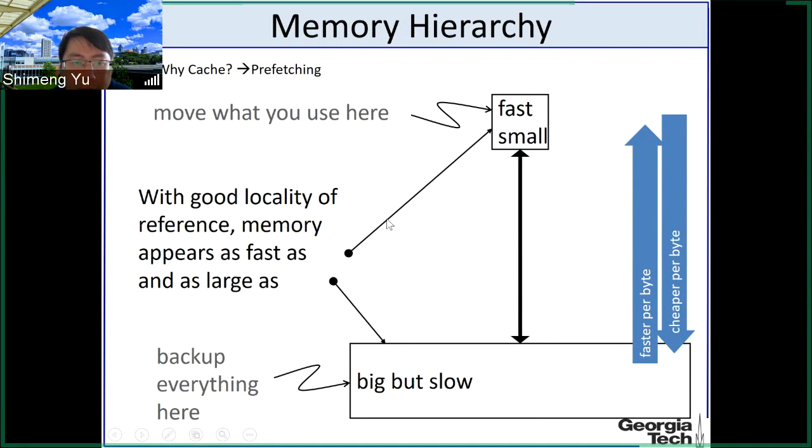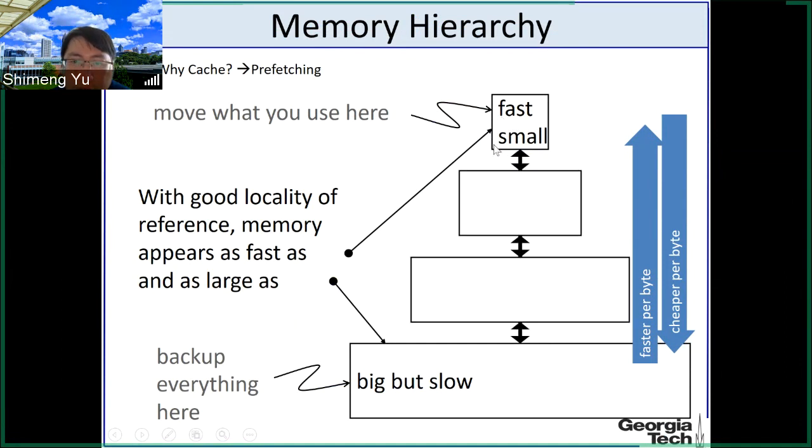So to have a good balance between the speed and the capacity, we have to introduce multiple levels in the hierarchy. This is why we have this memory hierarchy in the system, because there's no single memory that can satisfy both fast speed and large capacity.